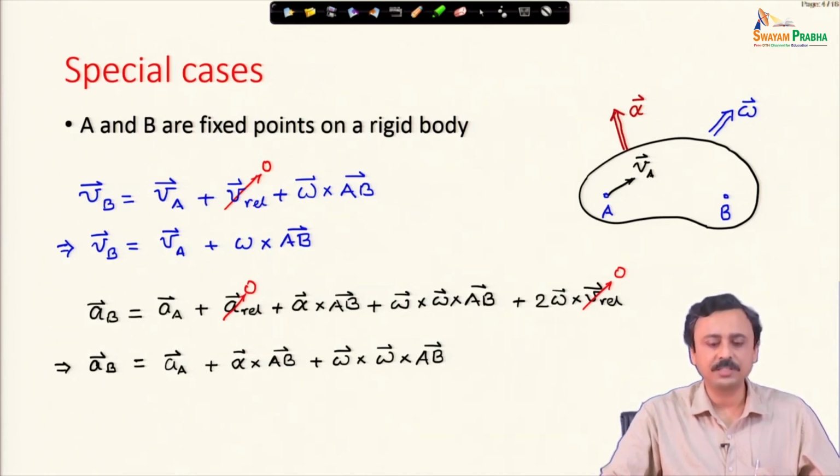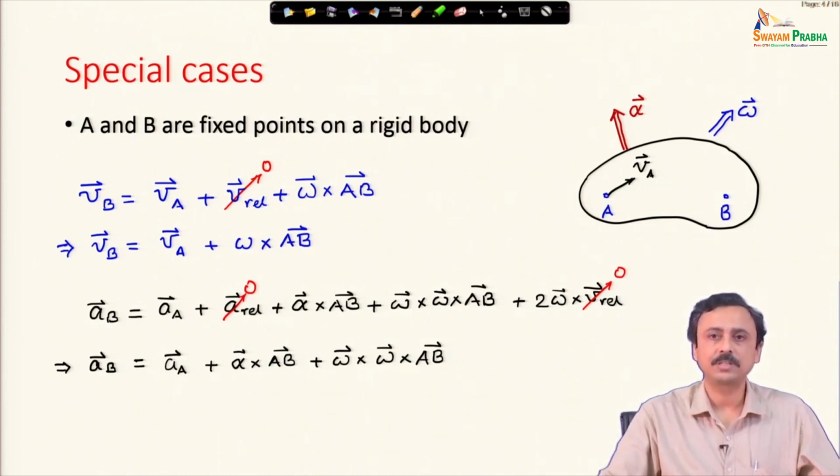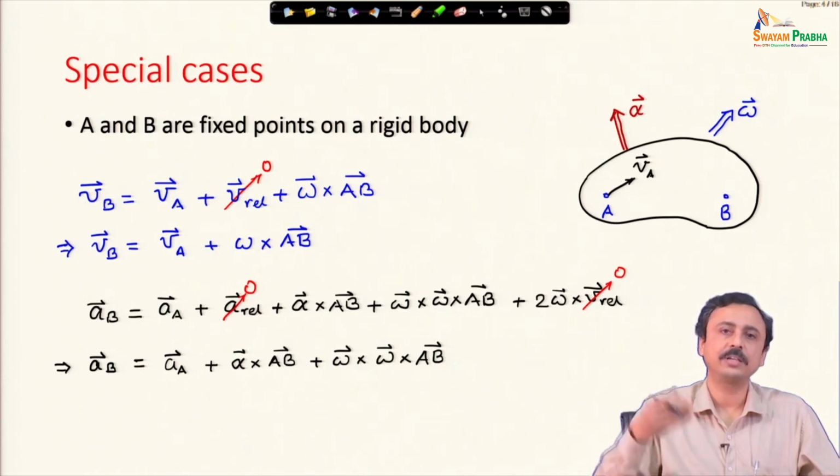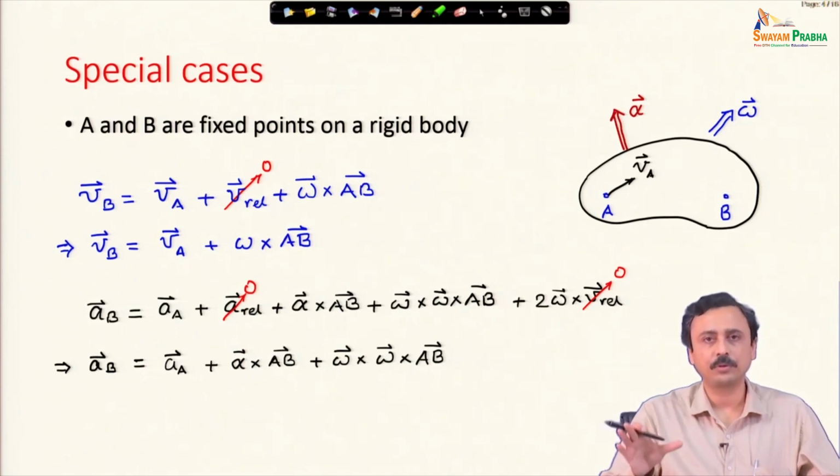The master equation is written first, then I see that because A and B are fixed on the rigid body, if you ask person A what acceleration he measures of person B, it is 0, just like two persons sitting in the auditorium: if you are asked the acceleration of that person, you will say 0, both of you are fixed to the earth.